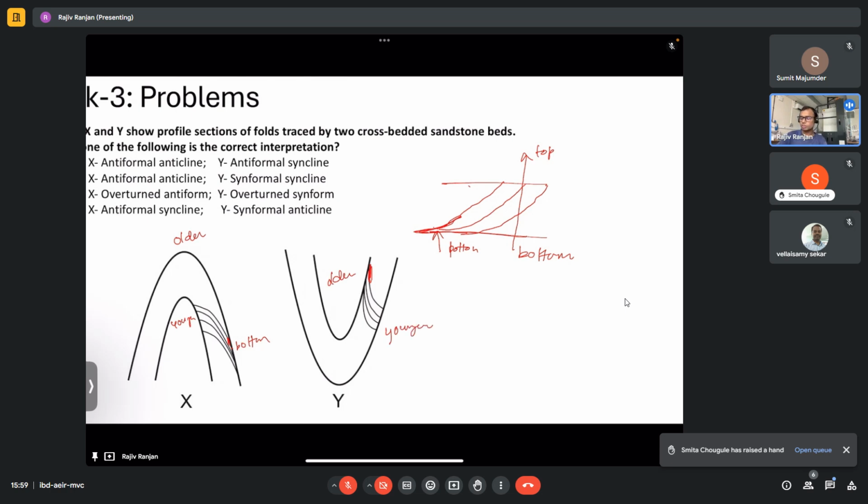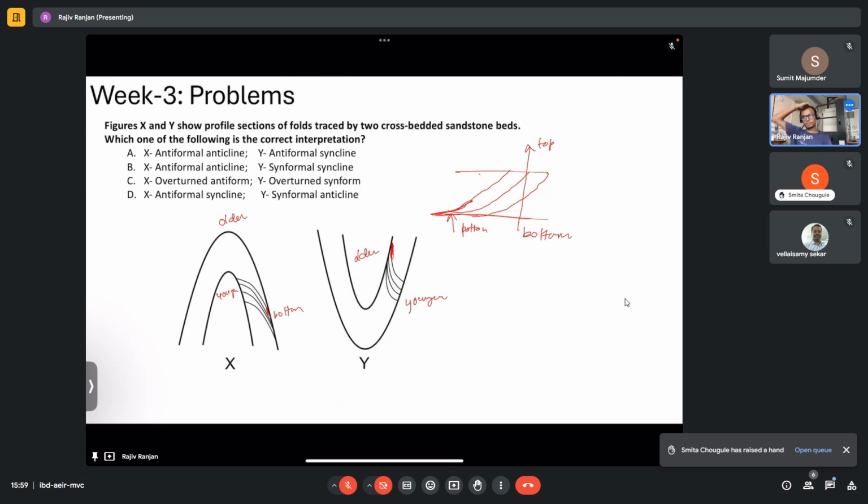Now tell me which one will be anticline and which one will be syncline. Still not able to differentiate.